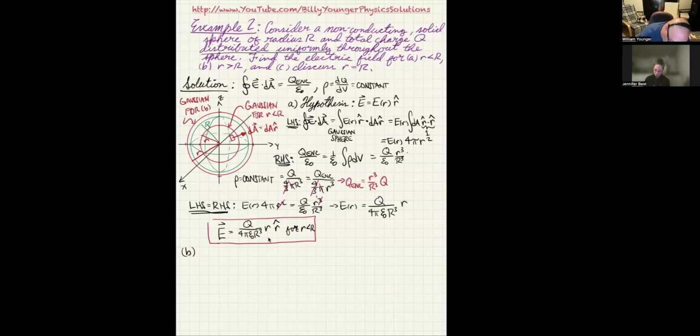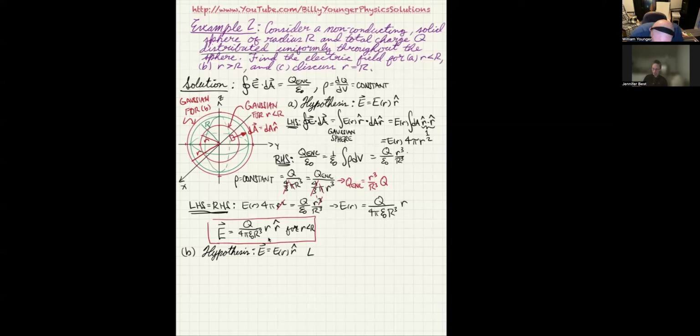Okay, you're still going to have sort of the same little dA that we drew before. You can just imagine that one as if it's now drawn on the outer sphere as opposed to the inner sphere. But we also need to make our hypothesis, which is going to be the same thing. So hypothesis: E is equal to some E of R, R hat again, just by the spherical symmetry of it.